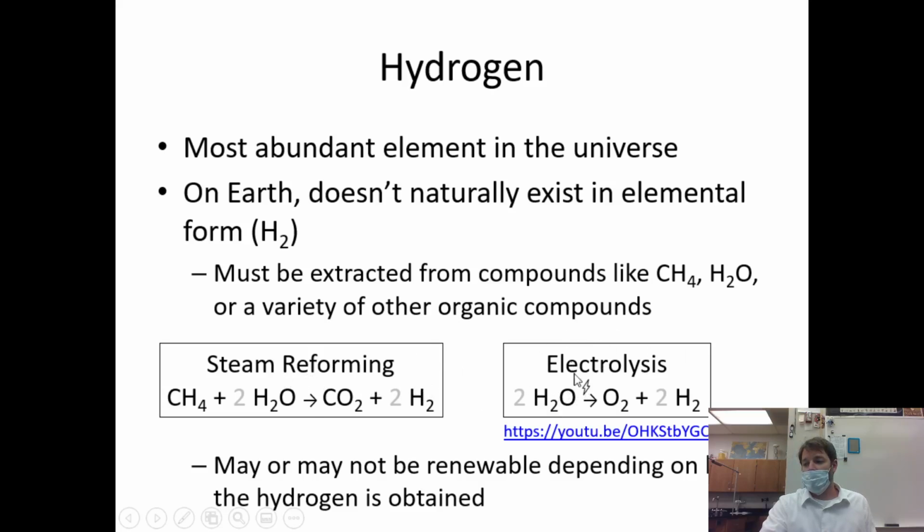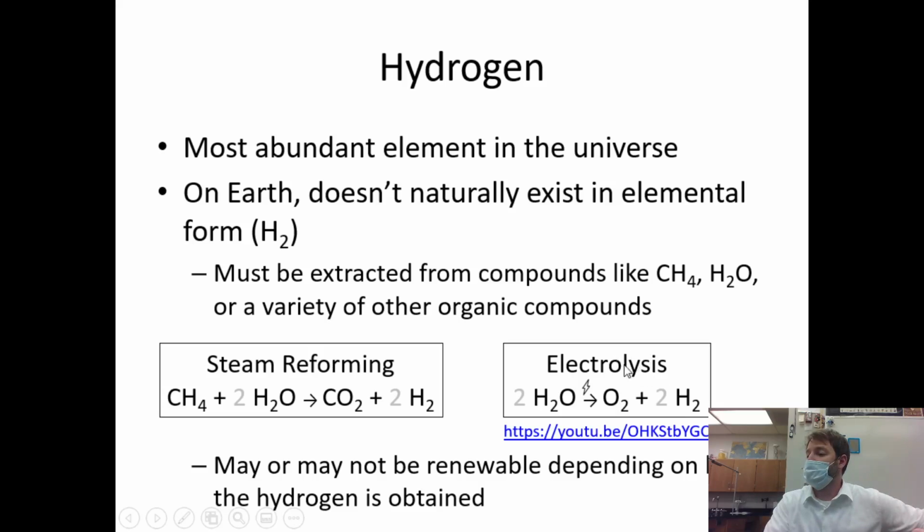First, the most obvious method would be to just get it from water. Because if you take water and you undergo a process called electrolysis, if you look at the morphology of this word, lysis means to split. So we already talked about pyrolysis, pyrolytic fracking of hydrocarbons. So that means to split those into smaller components that form gasoline.